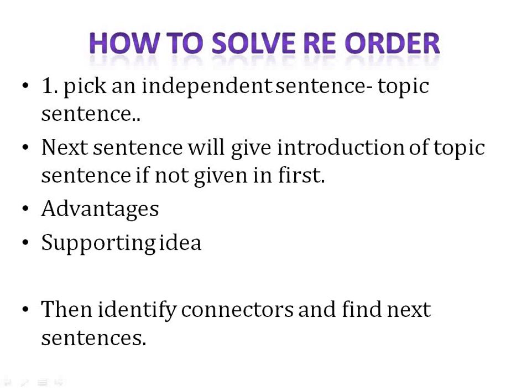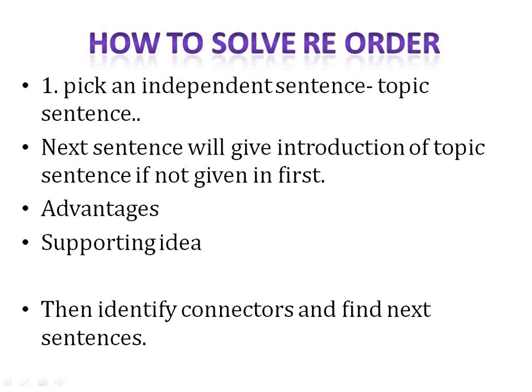And one thing to notice is advantages are followed by disadvantages, not disadvantages followed by advantages. So if advantages and disadvantages are given in paragraphs, the paragraph containing advantages will come first and then there will be disadvantages.